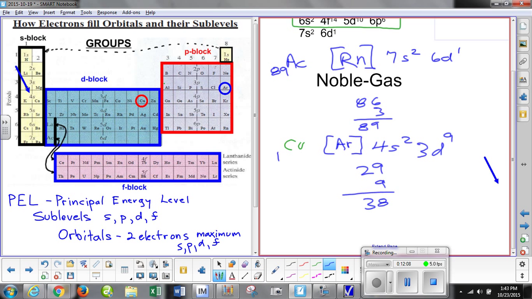Copper is 29. Yeah, it is 29. And then we got 2 plus 9. That's 11. Wow, not doing so well.